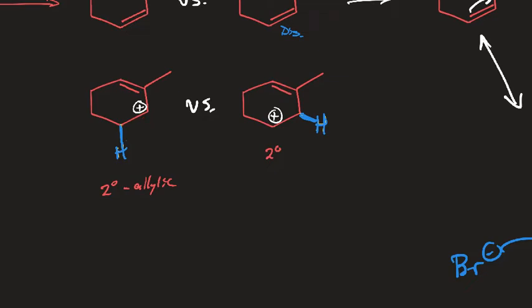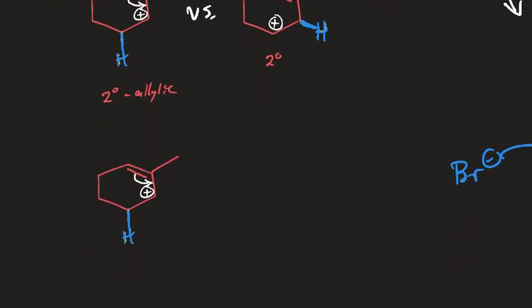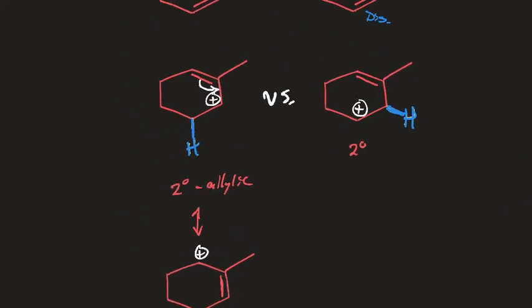So this is good. But now, what if the resonance went to here? Let me move that down there. Now you've got here, again, this one is secondary allylic. So we're going to look at the double bonds.